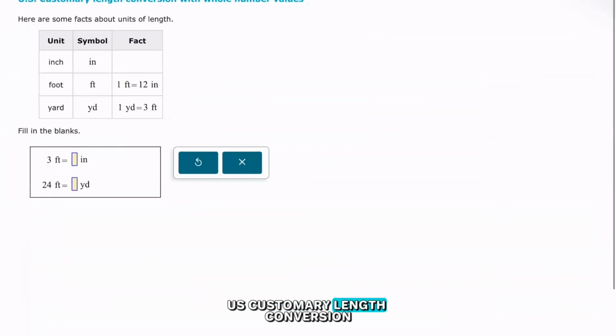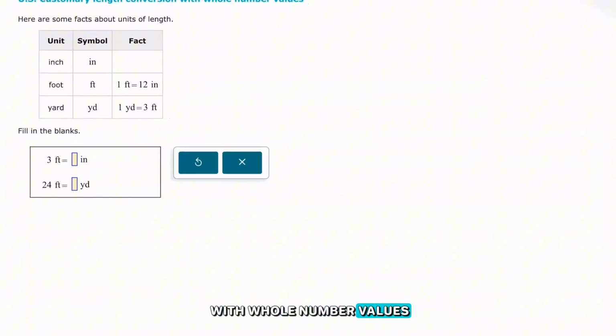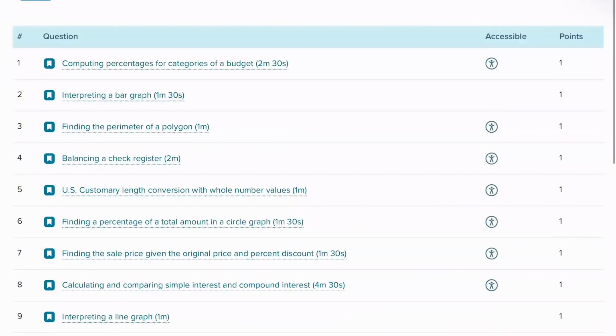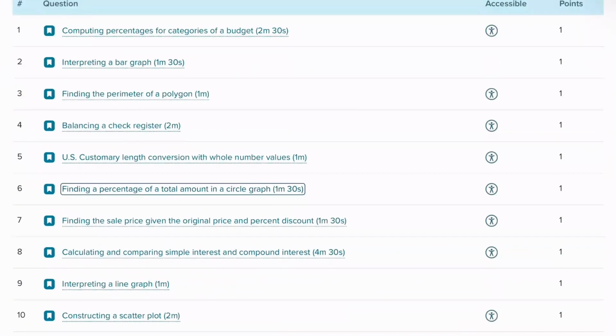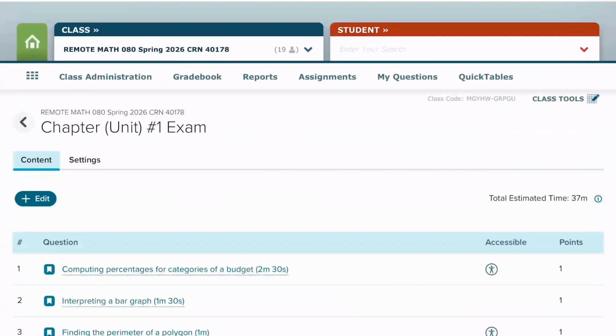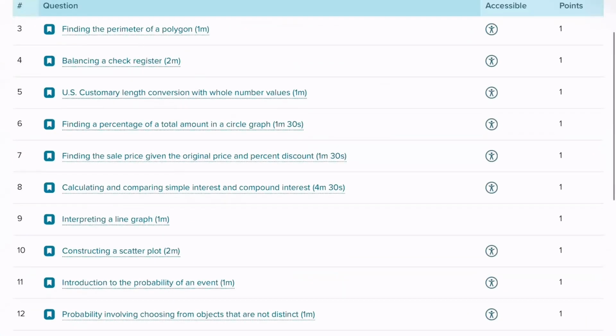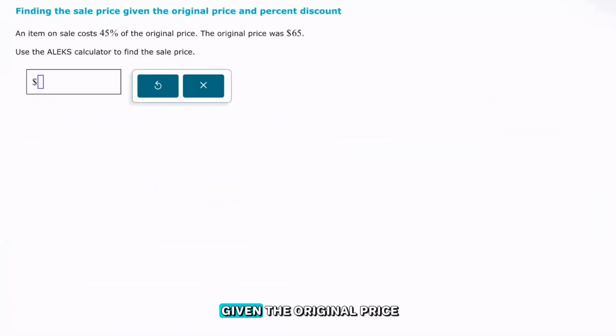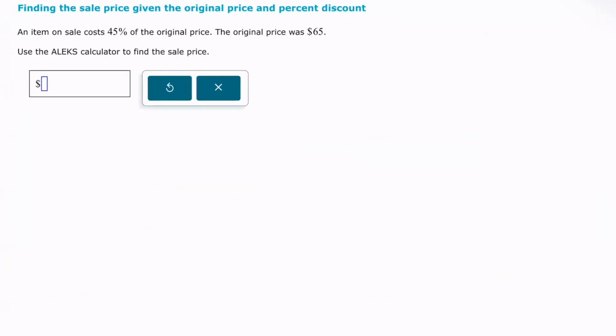U.S. customary length conversion with whole number values. Next one is percentage of a total amount in a circle graph. Finding the sell price, given the original price.